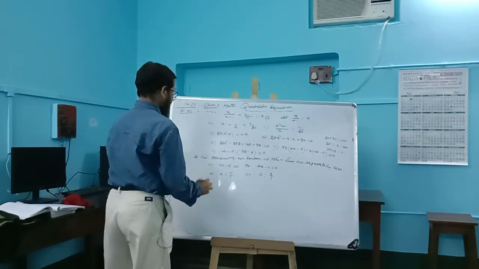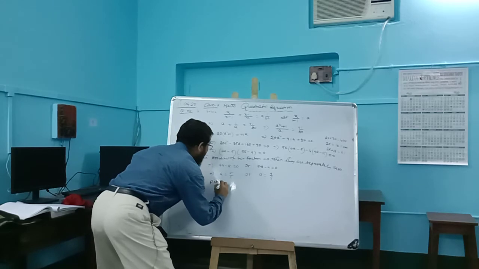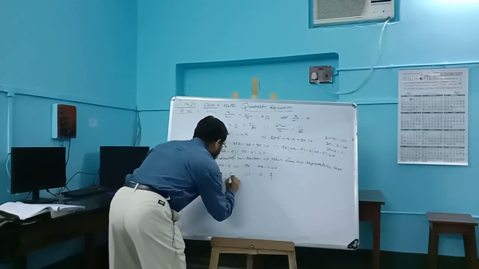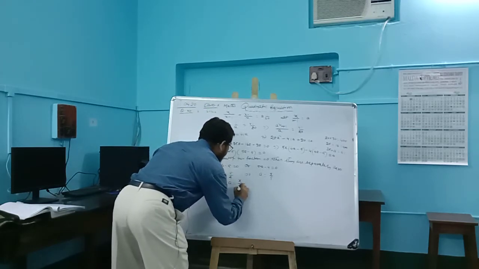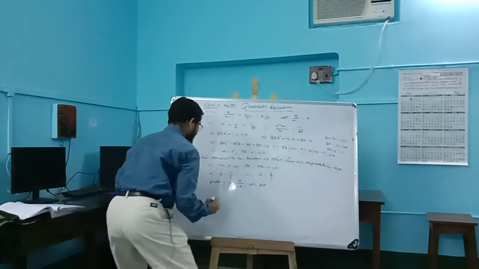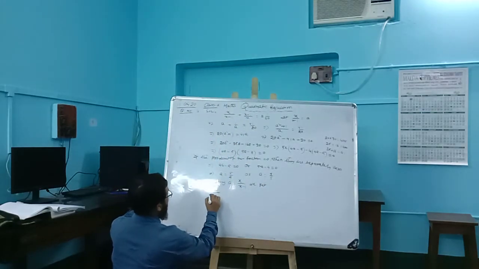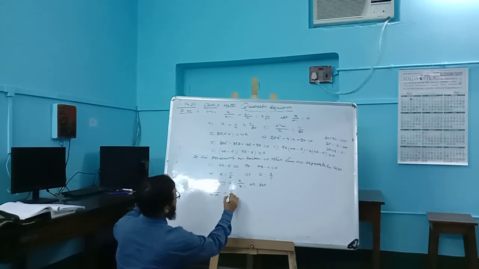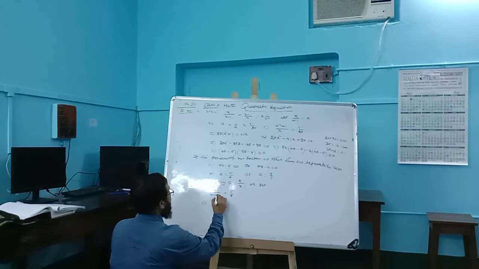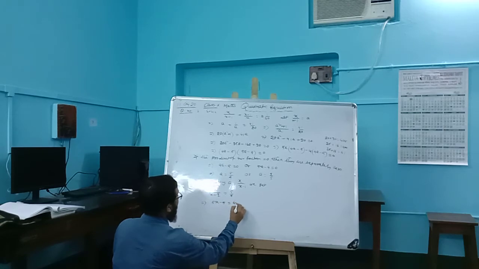Putting a = x/(x − 1), we get x/(x − 1) = 5/4, which implies 5x − 5 = 4x, so x = 5.